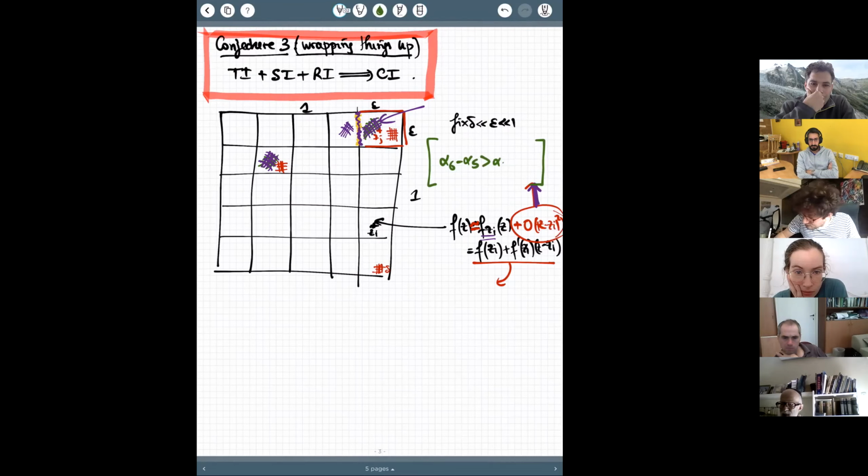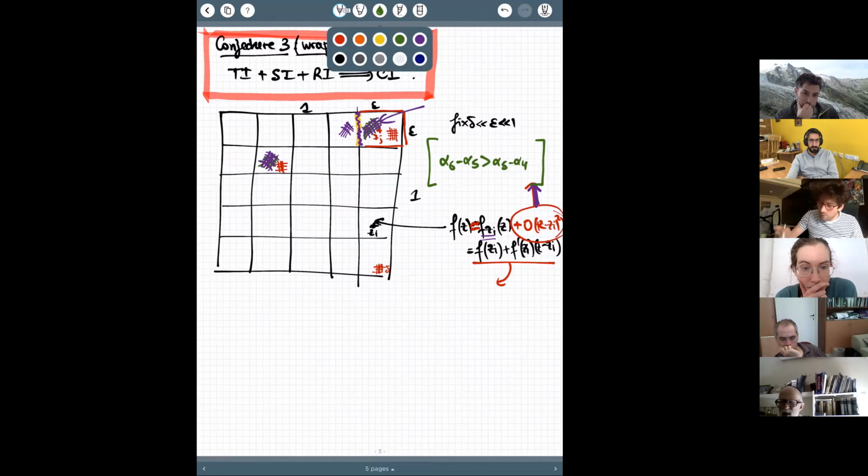So the probability of having 6 arms knowing that you have 5 is much smaller than the probability to have 5 arms knowing that you have 4, which is very natural to expect, right? The more arms you already have, the harder it is to get an additional one. This is for people who knew about percolation. If you didn't, this is just a parenthesis. You can forget about all of this.